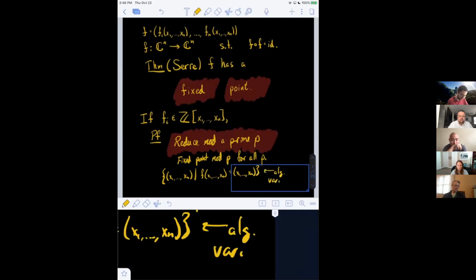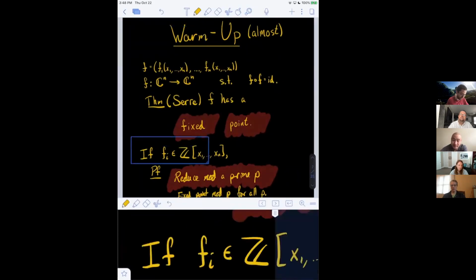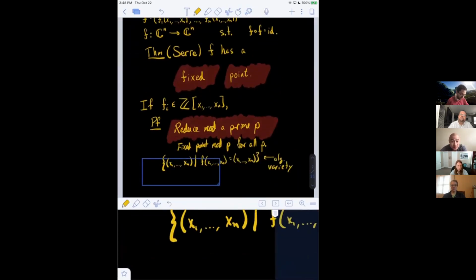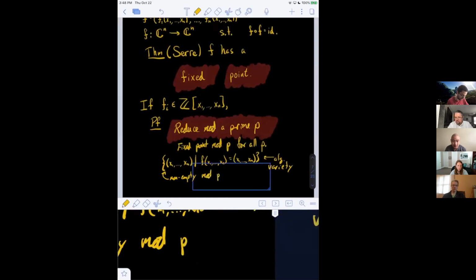It's the set of solutions to a polynomial equation, or a system of polynomial equations, really. And what we know is that this is non-empty mod p for all p, or for all odd p, really.